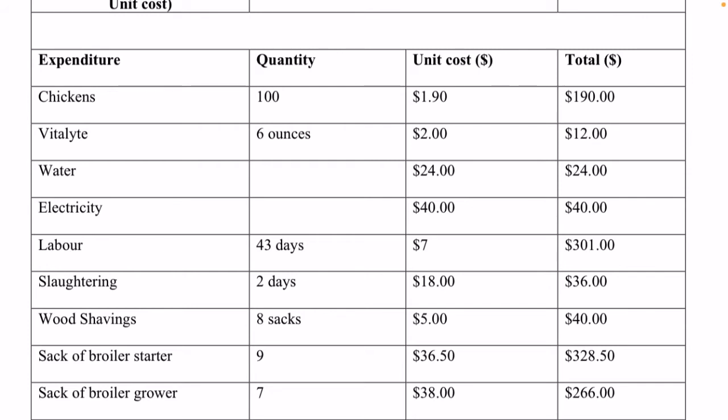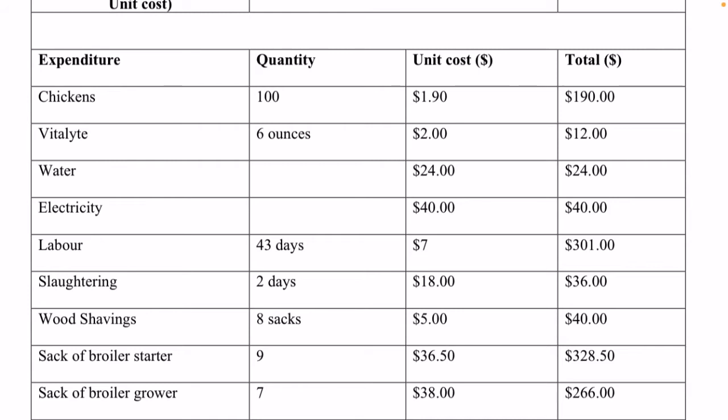The next section that comes under expenditure is the quantity for each of these items listed in the left side of the column. So you can see here that we would have been buying 100 chickens, Vitalite will be using 6 ounces. Labor, we approximate it to be 43 days.